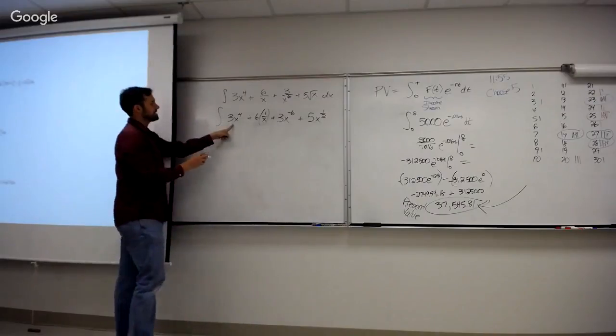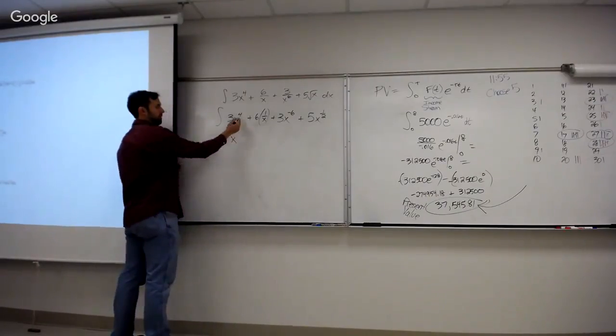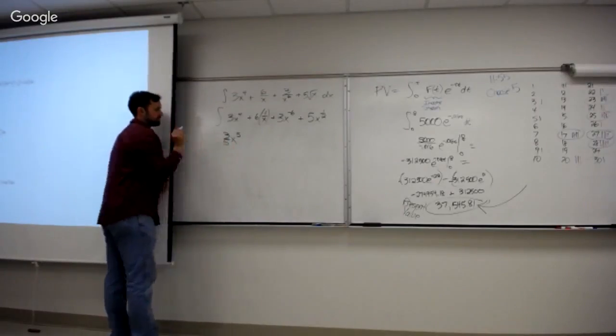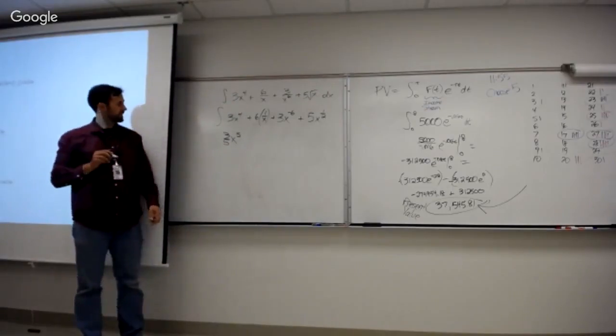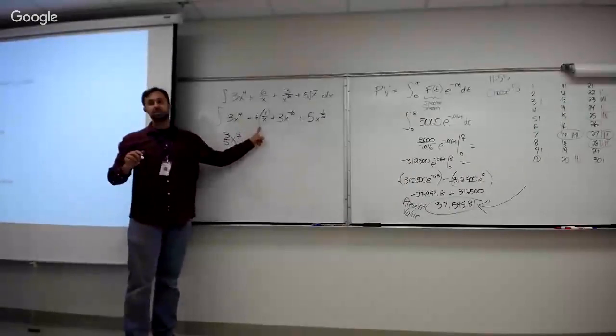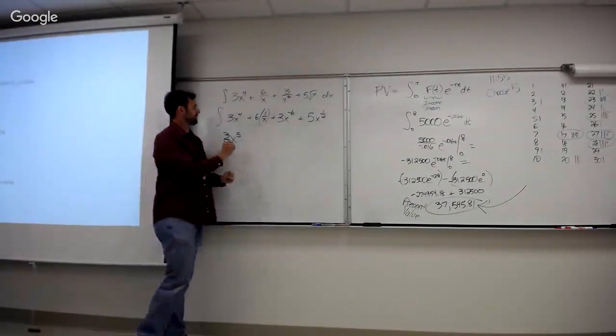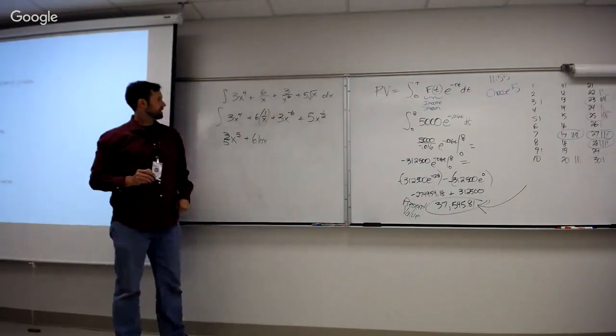So what's the antiderivative of 3x to the 4th? Add 1 and divide by the result. Add 1 to the power, divide by what you get. How about the next one? The antiderivative of 1 over x is natural log of x, ln.